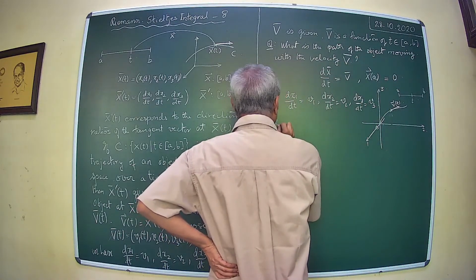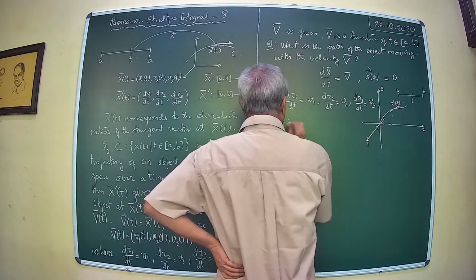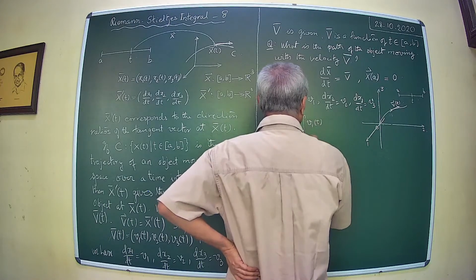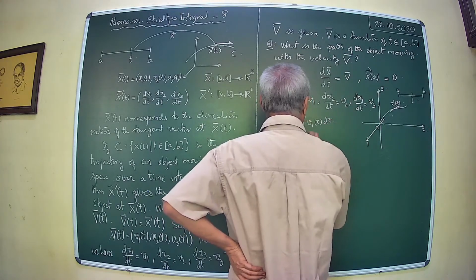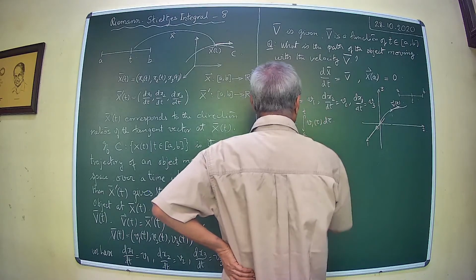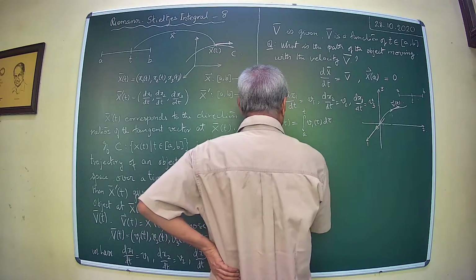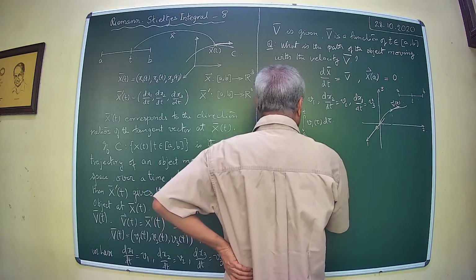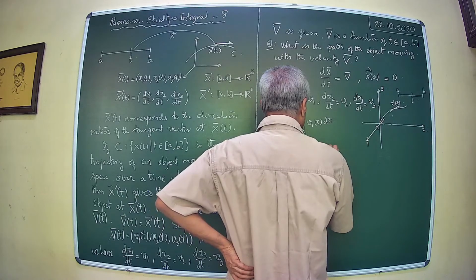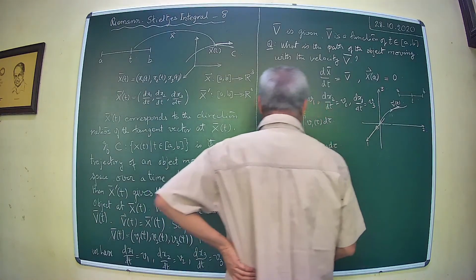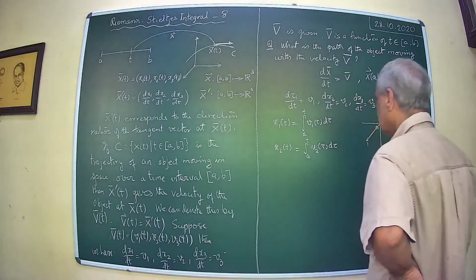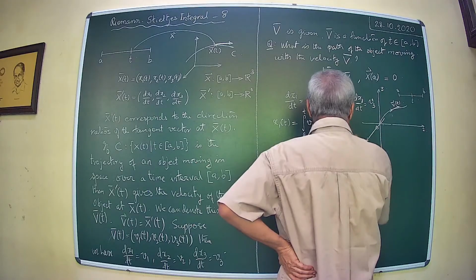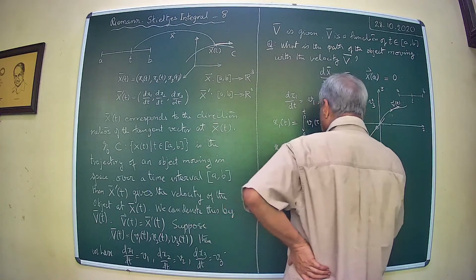Therefore, x1(t) equal to integral of v1(tau) d tau from a to t, plus generally a constant C1, C2, C3.